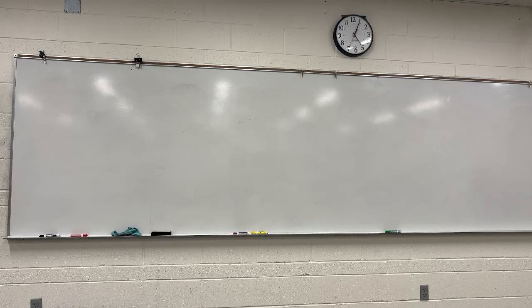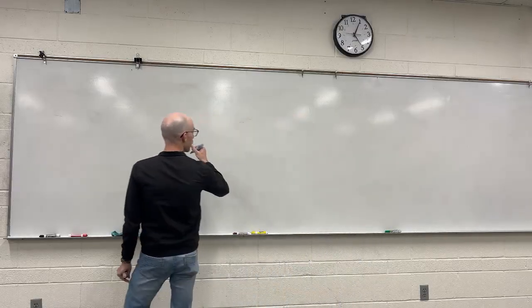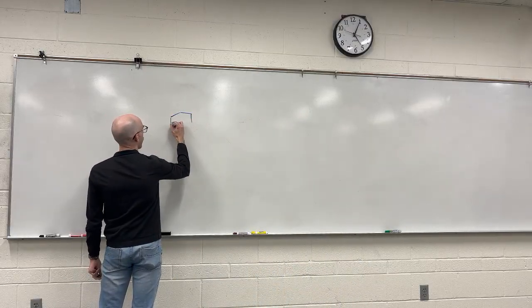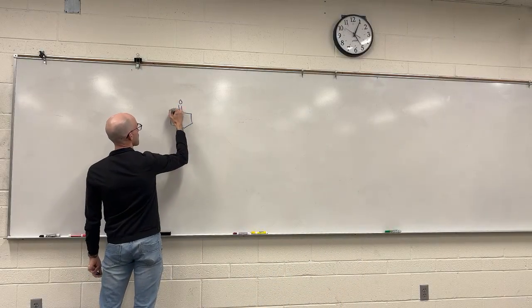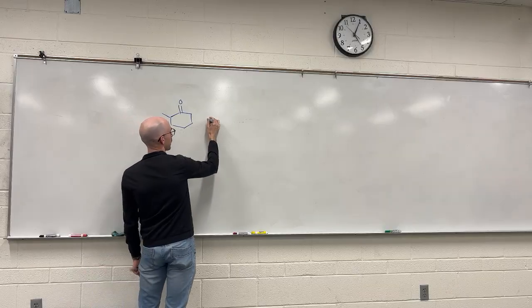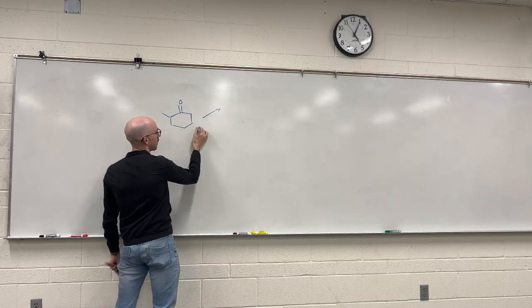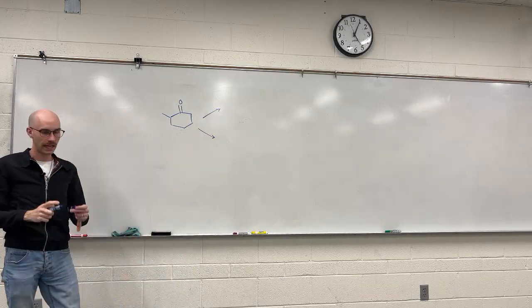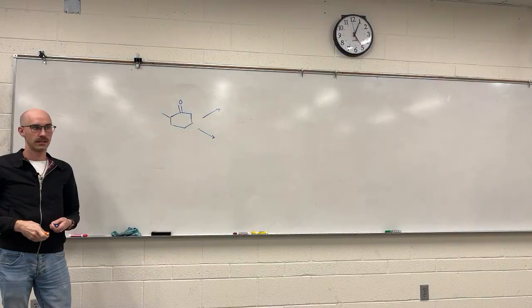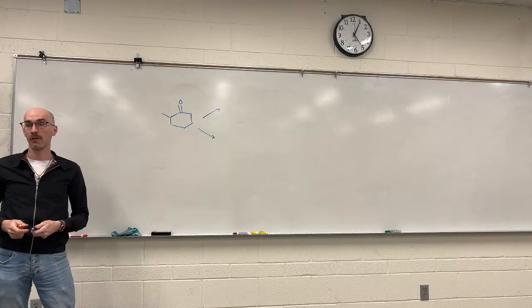Without needing to go through the mechanisms, let's predict some tautomers. I'll give you guys one, for example. If I want to predict the tautomers that this compound can form, I need to consider where there are alpha hydrogens.